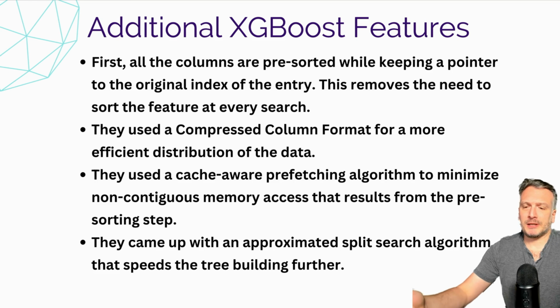Instead of considering each of the splits in the data, so at each of the instances in the data, we can build histograms of the different columns, meaning that we can group instances together. This means that when we search for the different splits, we don't need to assess as many candidates. We can just look at the splits that relate to the histograms.